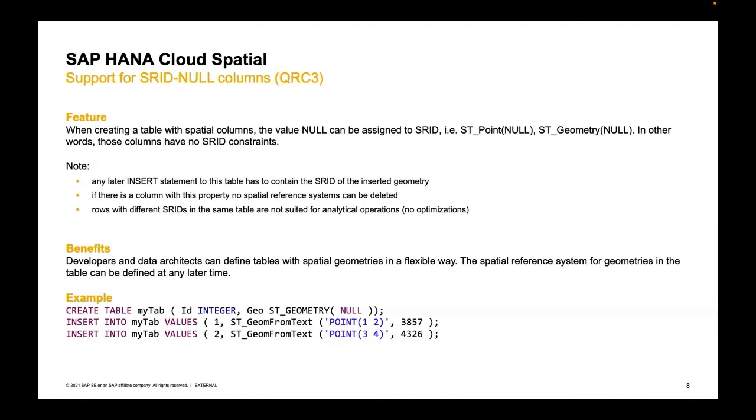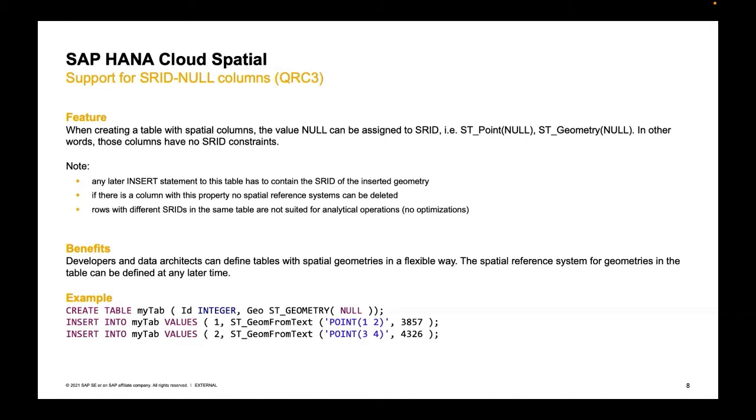Okay, this is the support of so-called SRID-NULL columns. What does it mean? When you create a table with a spatial column, in former releases of HANA Cloud, you had to assign an SRID value for the spatial reference system. With this new feature, this constraint is not required anymore.